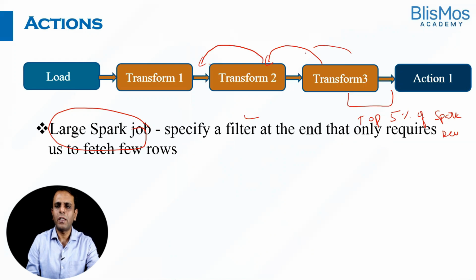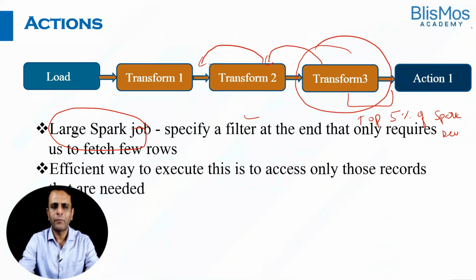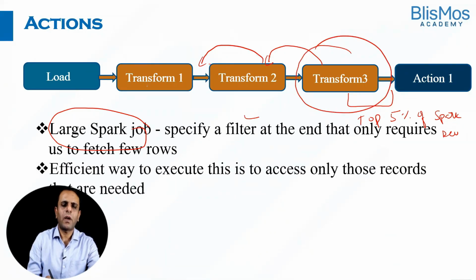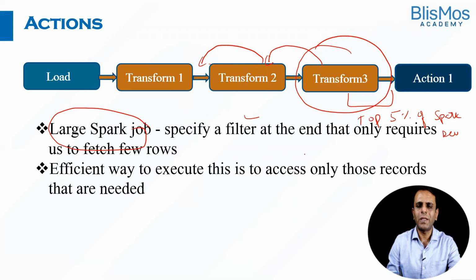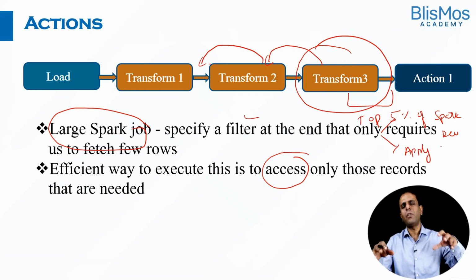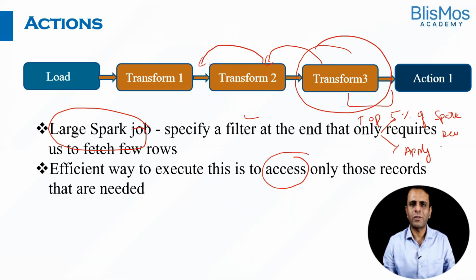So there is a final filter here. Ideally, what needs to happen is, instead of applying all the transformations for all the rows and then filtering from there, the ideal way is to only access these 5% and apply the transformation. That is the ideal way. So it will save a lot of resources and also time.